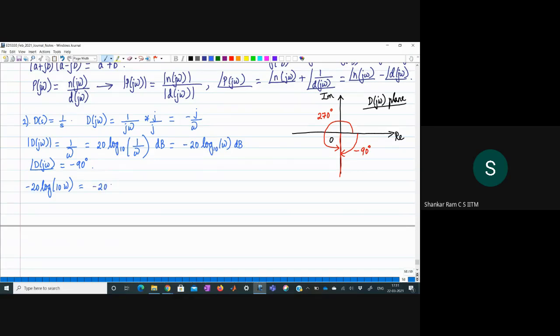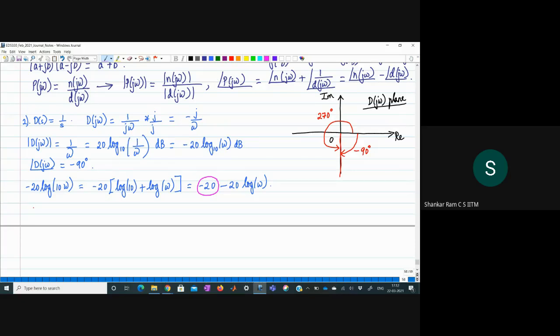So as we know, log of A times B is log of A plus log of B. So log of 10 omega will be equal to log of 10 plus log of omega, right? And as we know, log of 10 is 1, so we'll get minus 20. And then we'll get minus 20 log of omega, right? So we can immediately observe that as we go from omega to 10 omega, there is a reduction of 20 decibels, right?